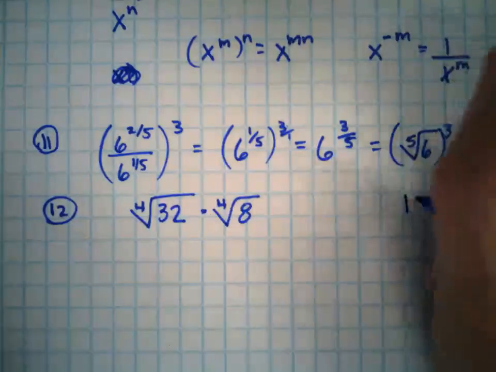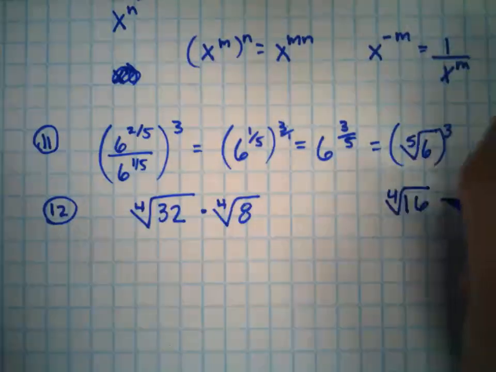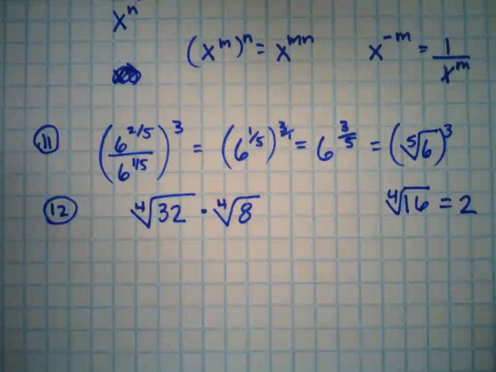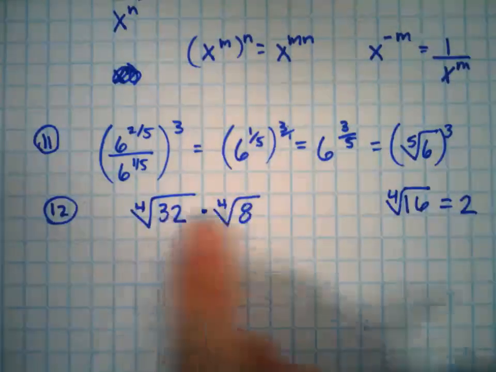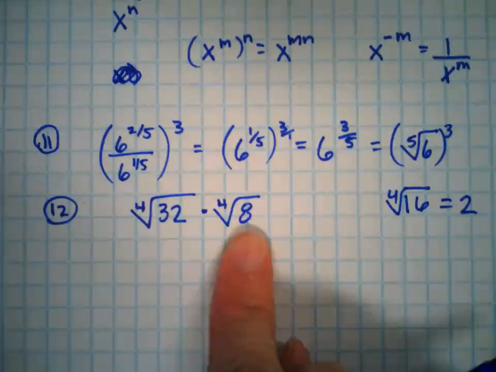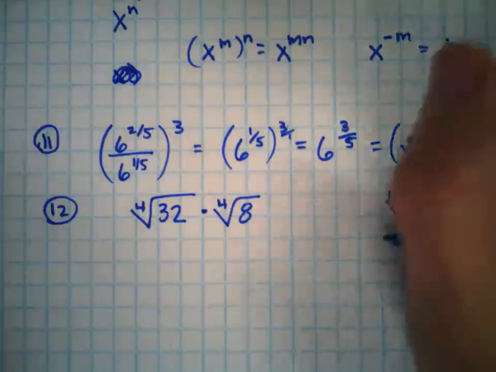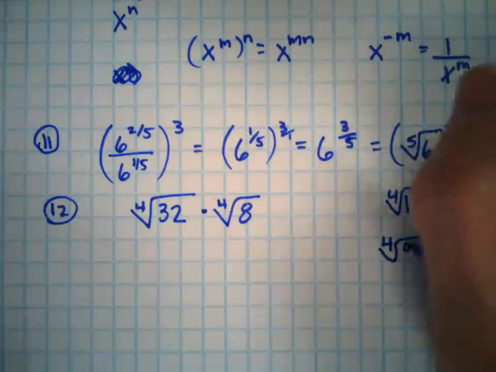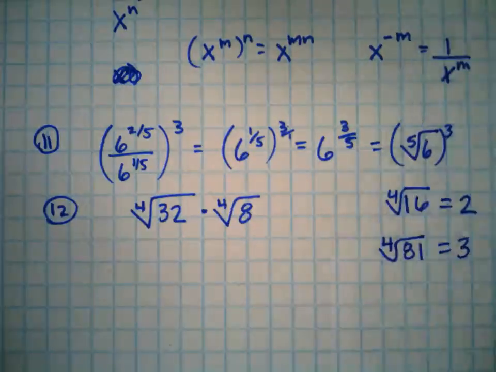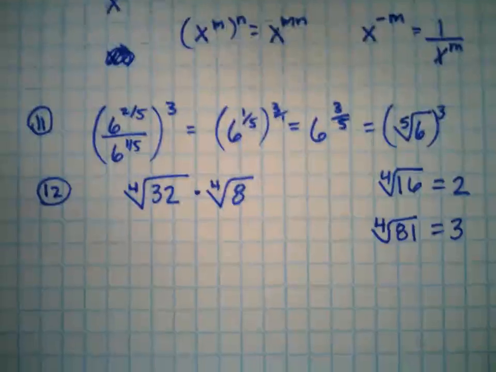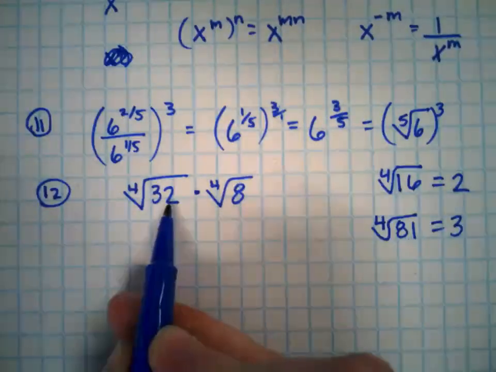So like the 4th root of 16 is 2. So if I can make a 16 out of any of this, that's going to help me simplify. Okay, other ones to think about would be like the 4th root of 81 is a 3, right?